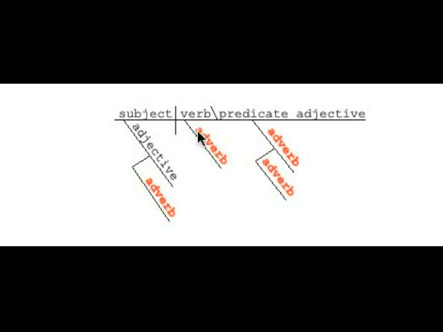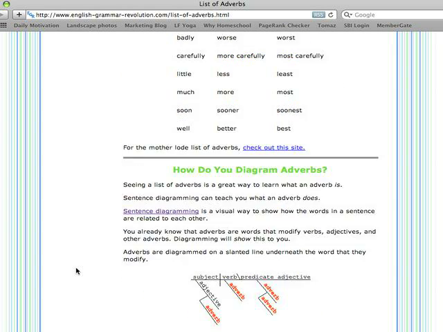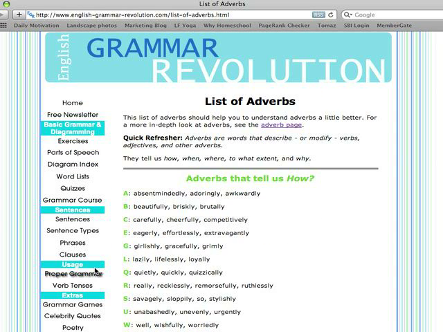Well, look, it's coming right off of the line from the verb. And this adverb right here is modifying another adverb. It's coming off of a line right from that adverb. So from this diagram, you can tell that adverbs modify verbs, they modify adjectives, and they modify other adverbs.